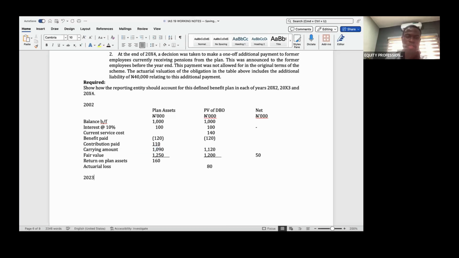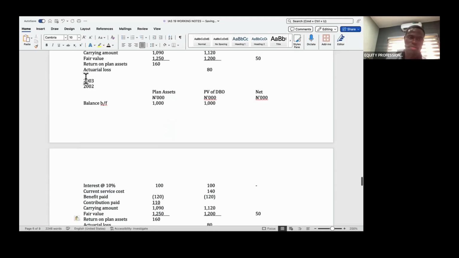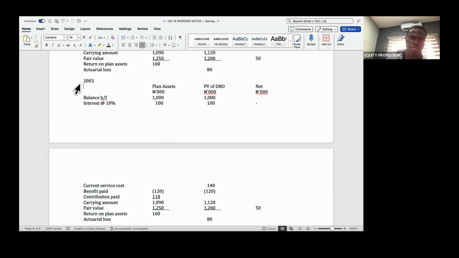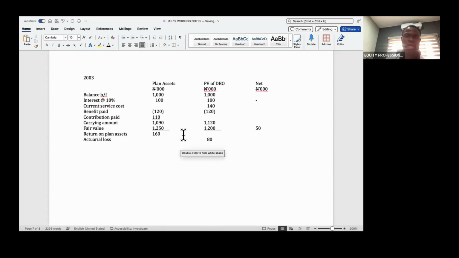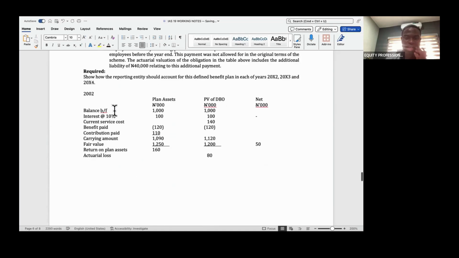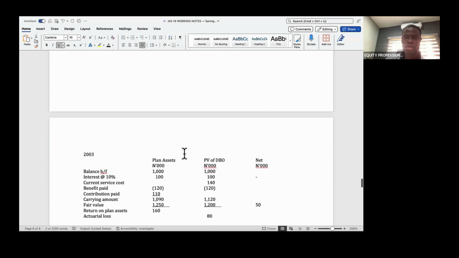Okay. In 2003, just so that I'm changing only figures, let me copy and paste this. Okay. So you know that the balance at the end of 2002 will become the balance at the beginning of 2003.